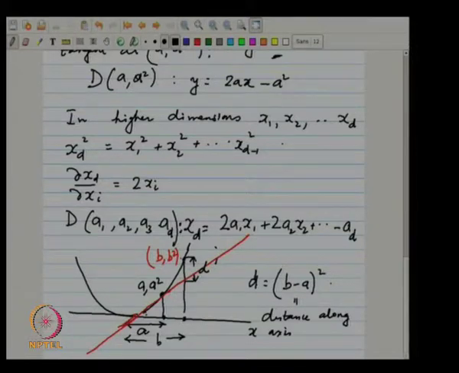If I take another point C, and look at the vertical distance of C comma C square to this line, it is directly proportional to the projected distance on the x axis.